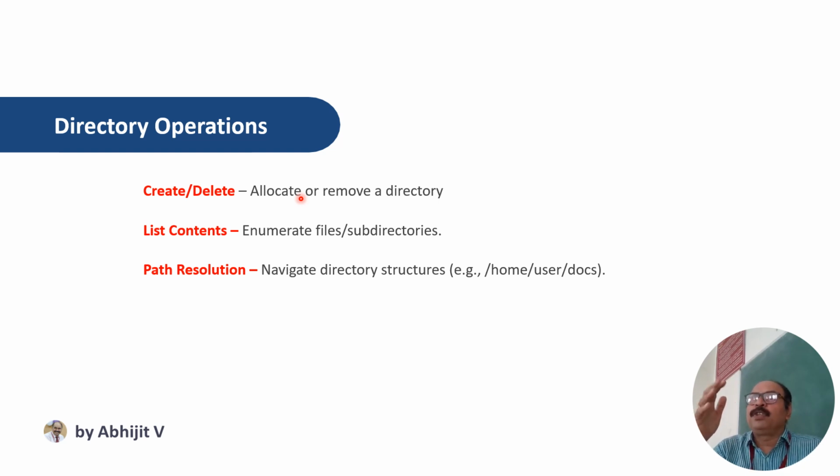You are giving some space for the directory to save its documents or files. Next, in directory operations, just now we have seen how the files are being listed. When you open a directory, you should know all the properties of the files to list the files.